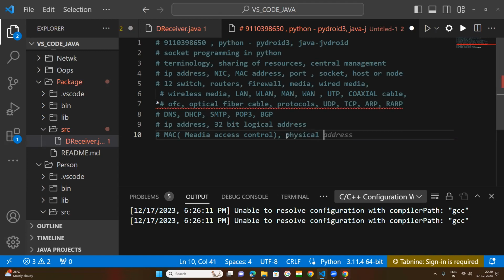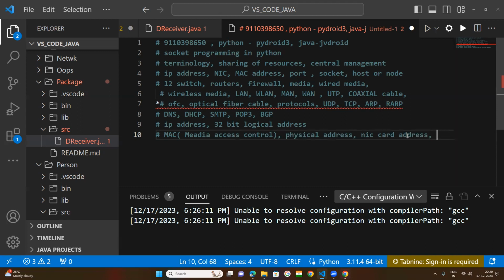Why physical address? It is a fixed address. It can't be changed. Its one more name is NIC card address, network interface controller card address.